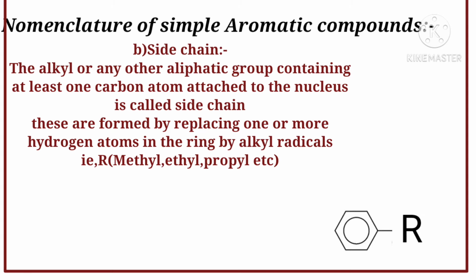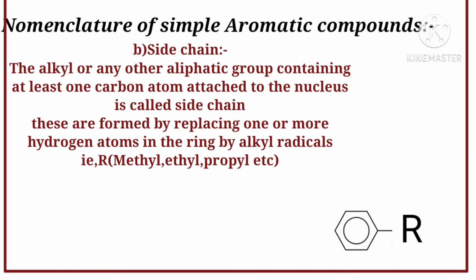These are formed by replacing one or more hydrogen atoms in the ring by alkyl radicals, that may be methyl, ethyl and propyl, etc. These are alkyl radicals replacing one or more hydrogen atoms in the ring.